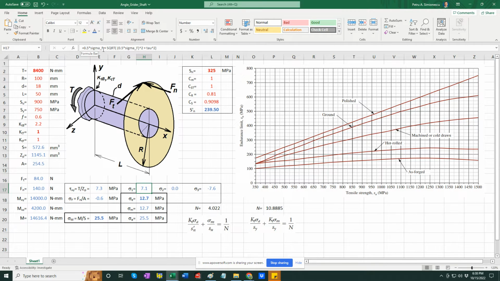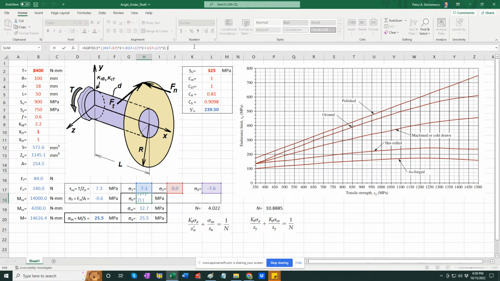So sigma f divided by 2 plus the radius, which is the square root of sigma average minus sigma x, squared, plus tau squared. So I have sigma 1. Sigma 2 is 0. Sigma 3, essentially from the center of the circle, subtract the radius. So I have a minus here. Before there was a plus. So I've got sigma 1, sigma 2, and sigma 3.